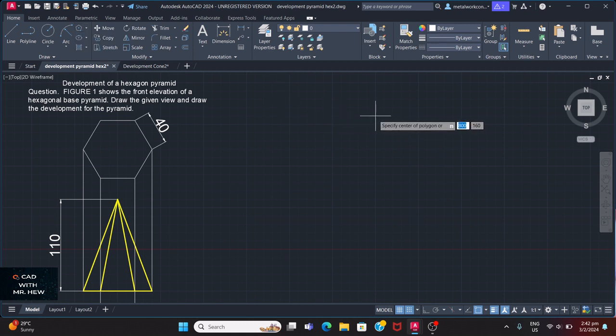All right, so we'll be drawing the hexagon first. All right, there is our plan, the hexagon.